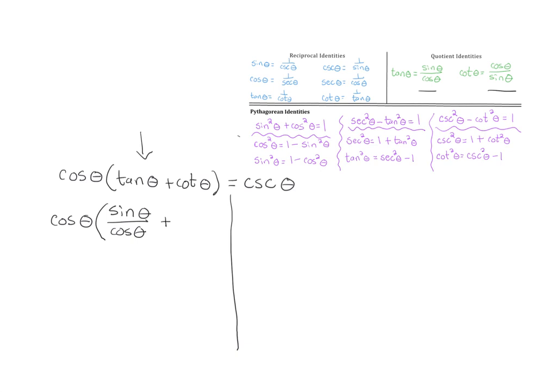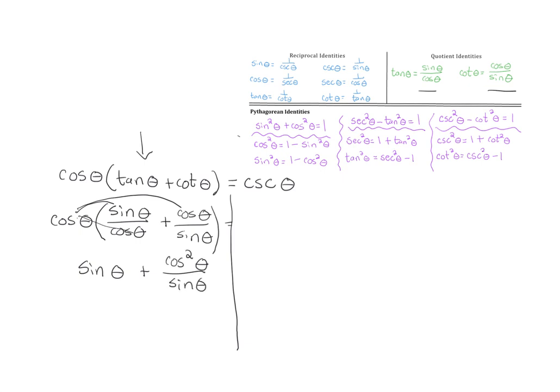And then cotangent is cosine over sine. All right, so what would happen if I distribute this in? If I distribute to the first one, the cosines will cancel, so I'm left with just sine theta. But when I distribute to the second one, I would have cosine squared theta over sine.